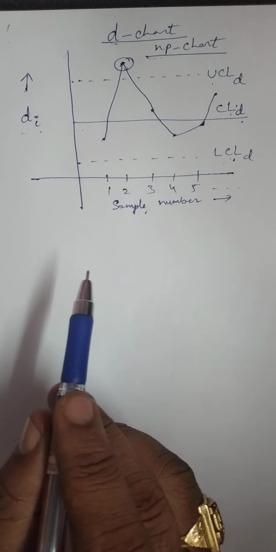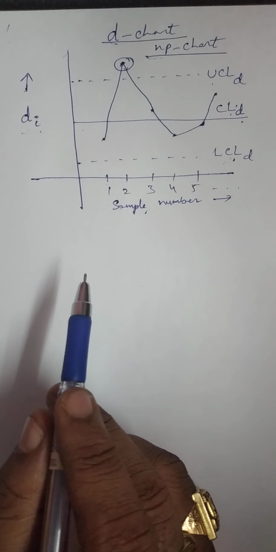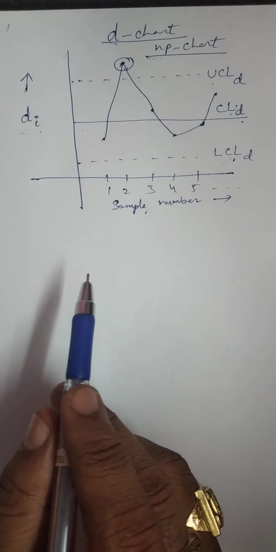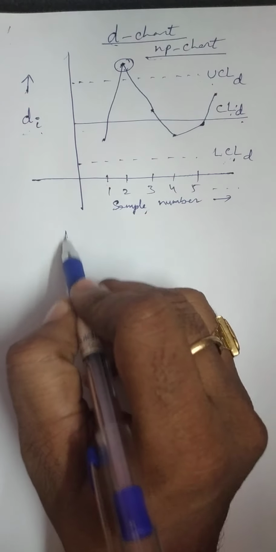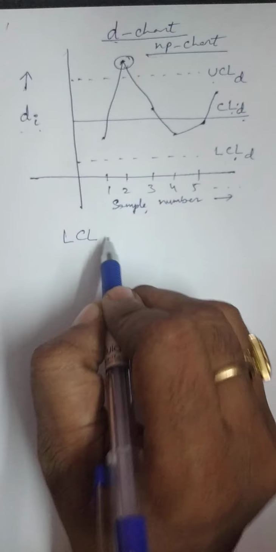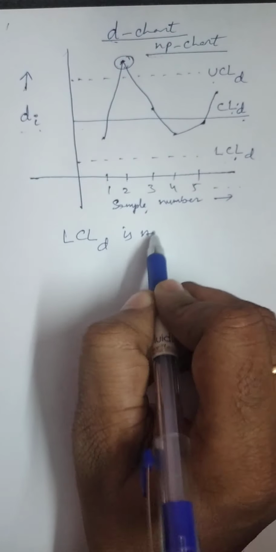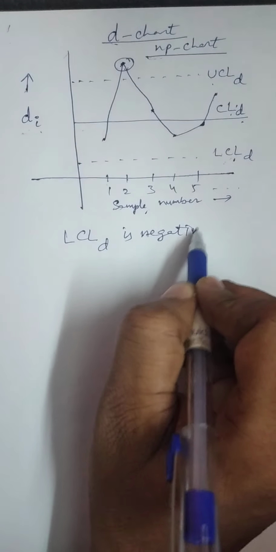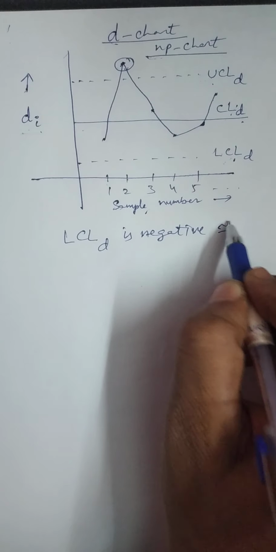And one more important point: if LCL of D is negative, then we have to consider it as 0.